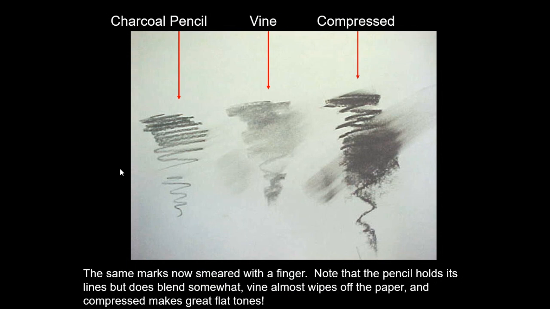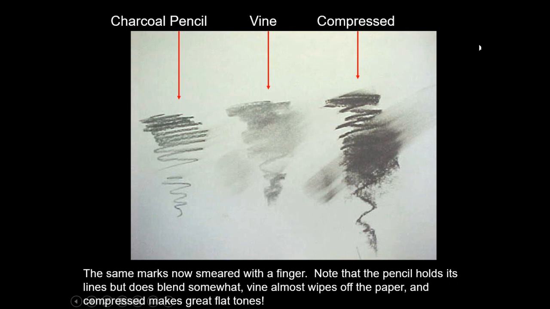The compressed allows me to blend and move the charcoal around a lot, but the vine charcoal really does not allow me to make much in the way of smudges or adjustments or blends. It almost looks like the vine charcoal has completely come off in that center section where I rubbed it with fabric. You can see that happening there.